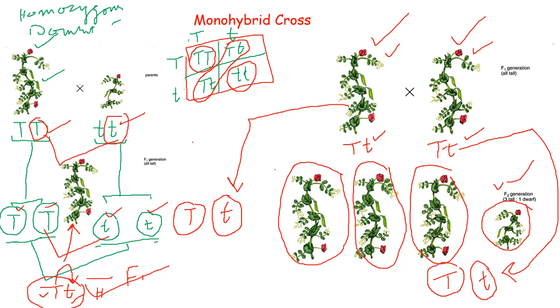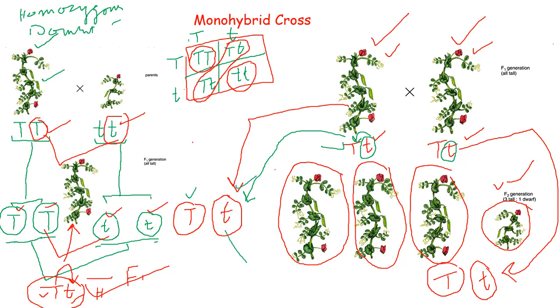This is explained by the law of segregation. Here, the two tall parents had this allele, small t. And this small t was present together with the capital T, so its effect, its phenotype, was suppressed by the capital T. When the capital T and small t separated as per the law of segregation, they moved to two different gametes.